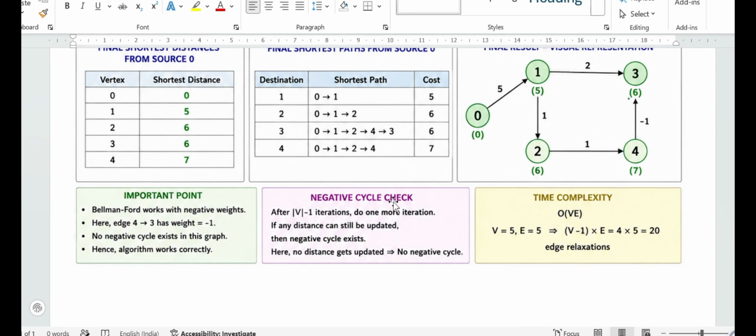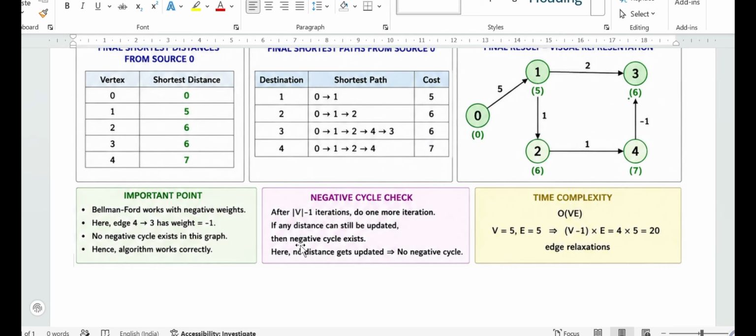How do we find a negative cycle using the Bellman Ford algorithm? We know that after V minus 1 iterations we find the result, right? But after V minus 1 iterations, we do one more iteration.